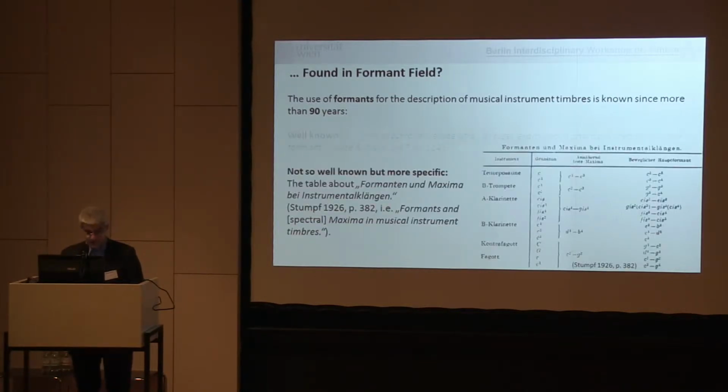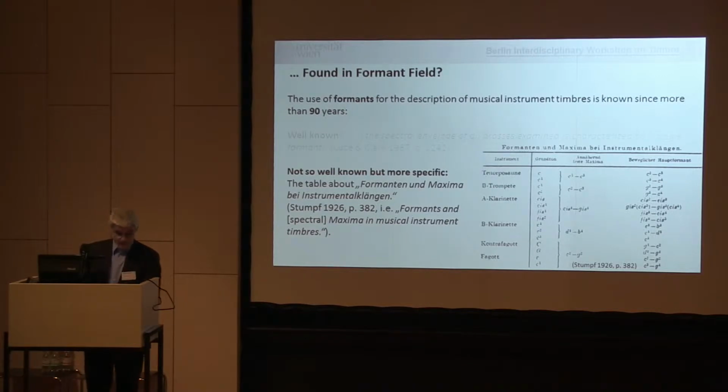It was Carl Stumpf again who was the first to discover fixed formants in musical instrument sounds in 1926. One is described in a table about formants and spectral maxima in musical instrument timbres located in the appendix of his book Die Sprachlaute, the sounds of speech.